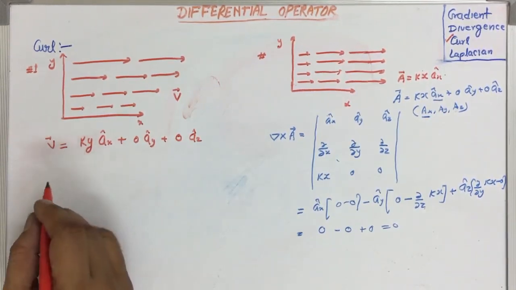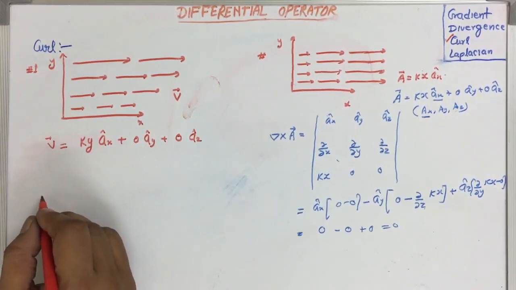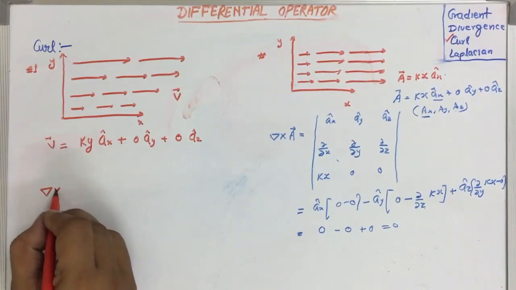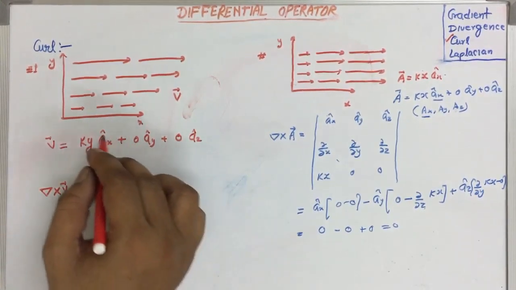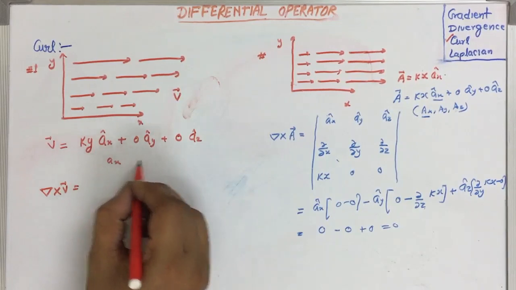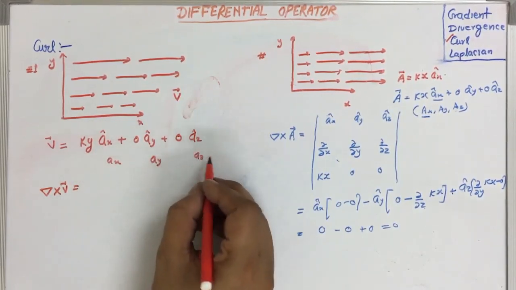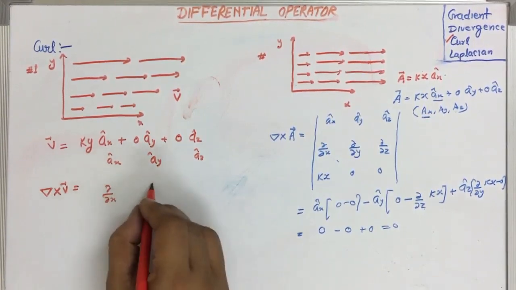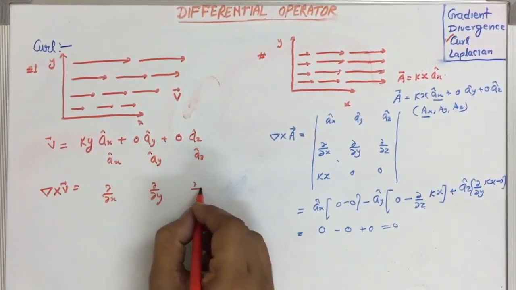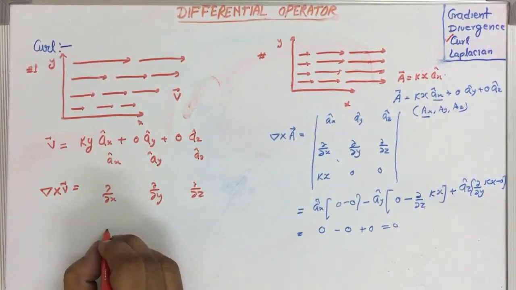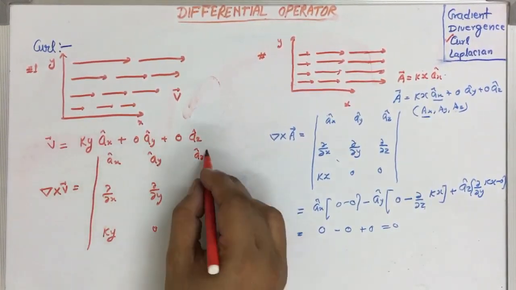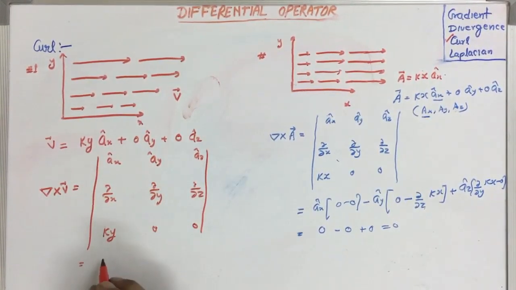Now we wish to find the curly nature of this field. Then we can say the curl of field V will be, again in the rectangular coordinate system, ax, ay, az, del over del x, del over del y and del over del z. Here you can say Ky, 0 and 0. Find the determinant.